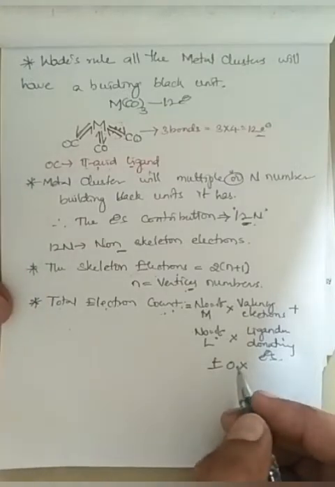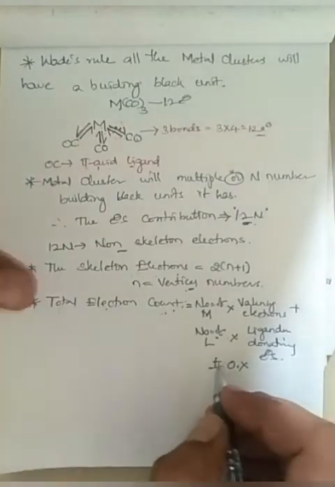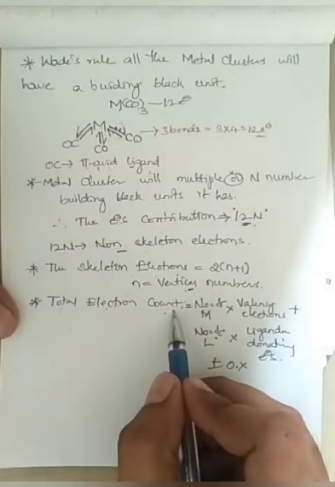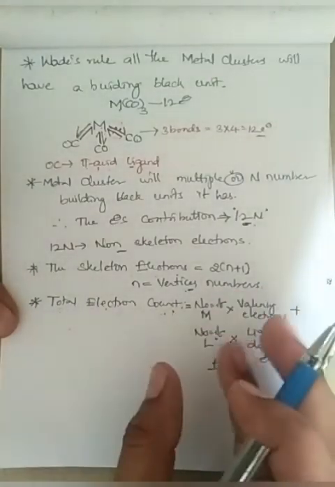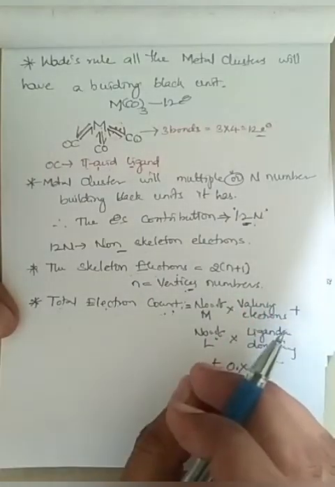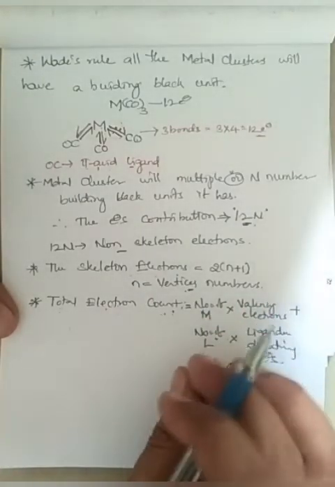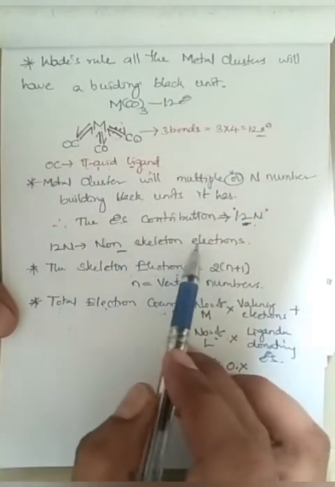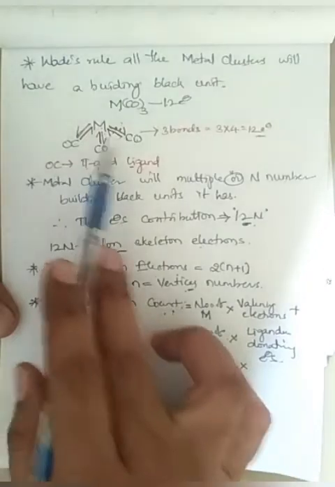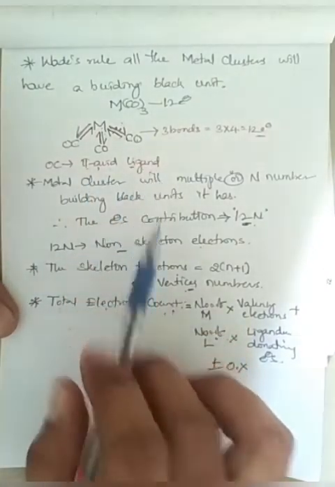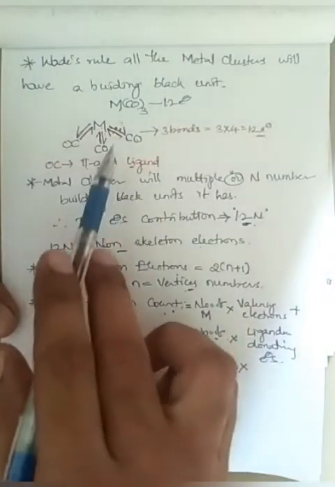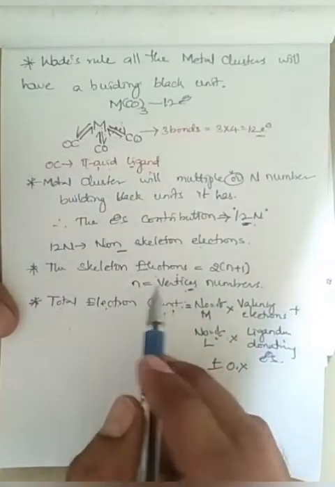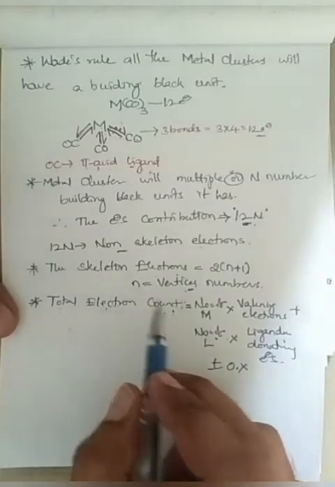So this reflects the total electron count, and the total electron count defines all the electrons which come into bonding, contributing to the bonds, whereas the non-skeletal electrons reflect the metal to ligand bond electrons, right? Electron pairs participating in the metal to ligand bonds, whereas the skeletal electrons reflect the electrons which come under metal to metal bonds.